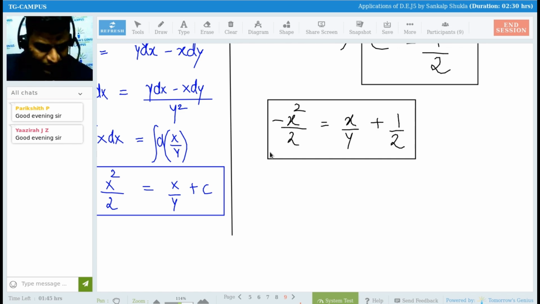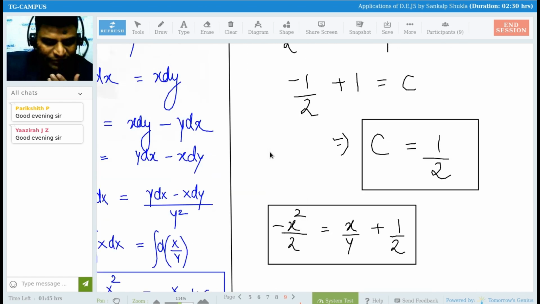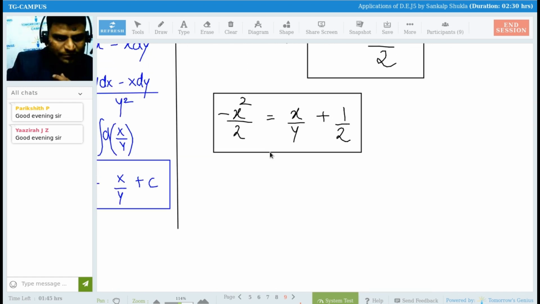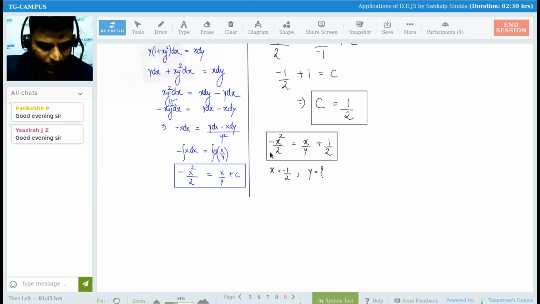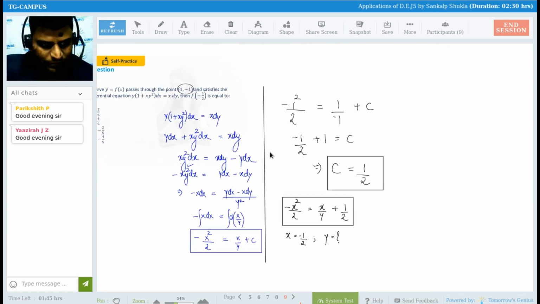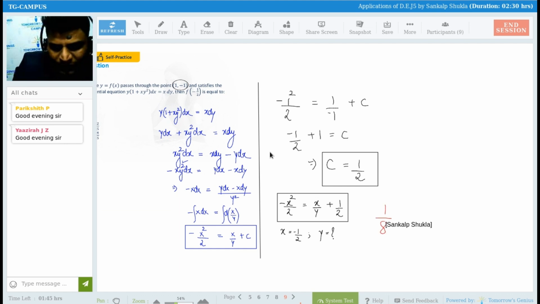Okay. Now what is the question asking? F of minus 1 by 2. Put the value of x as minus 1 by 2 and find the value of y. Can you please do this for me? This is a very simple calculation. It is 1 by 8 is equal to minus 1 by 2y plus 1 by 2.